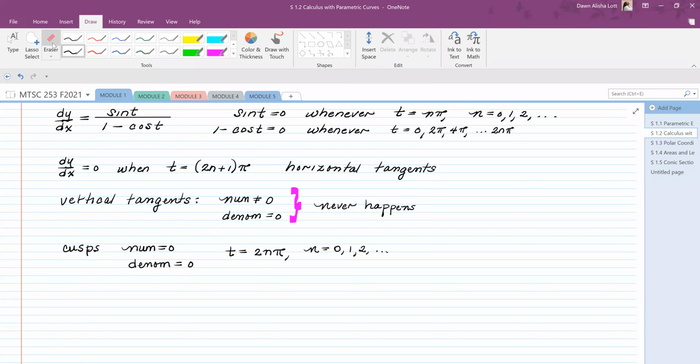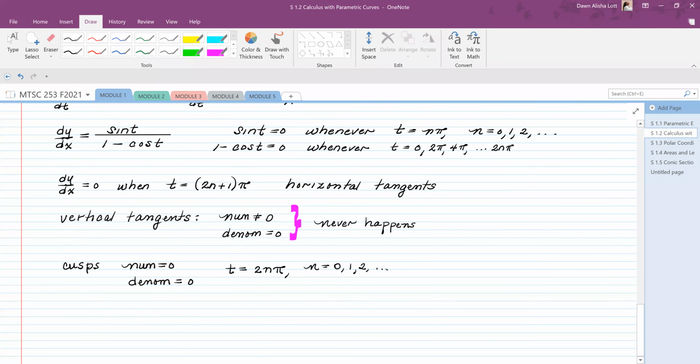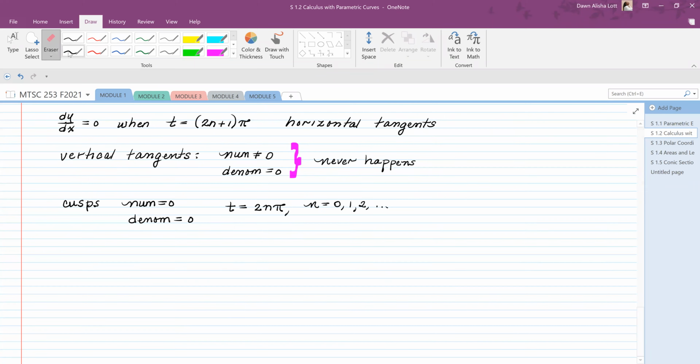Suppose I want to look at concavity. If I want to look at concavity, that means I'm looking at the second derivative, right?